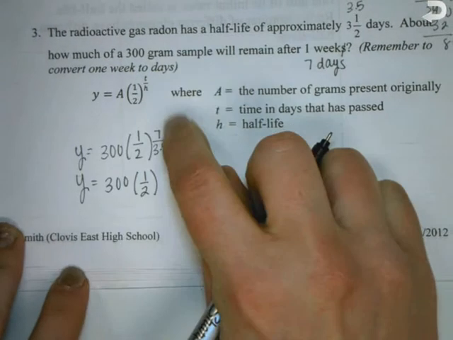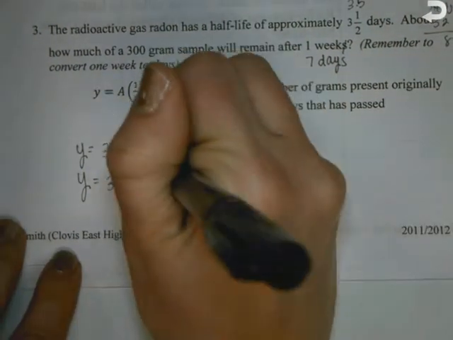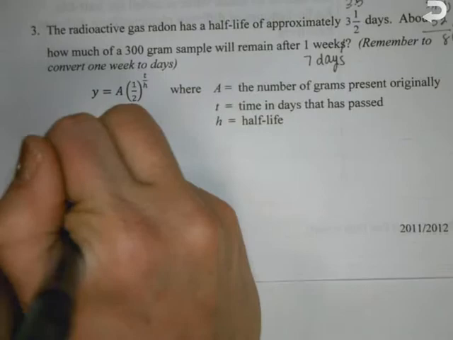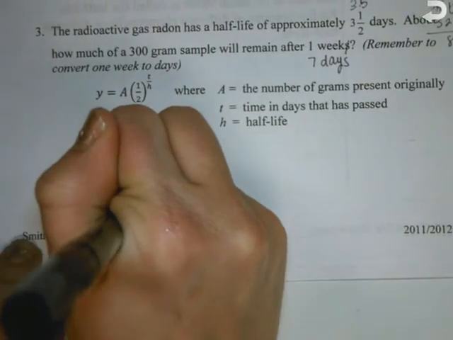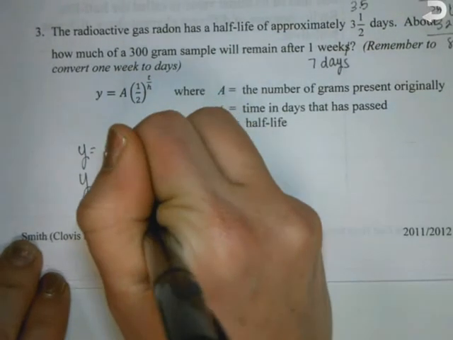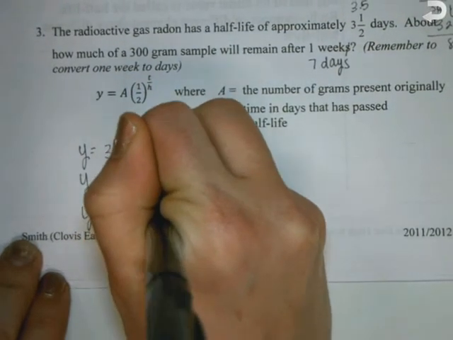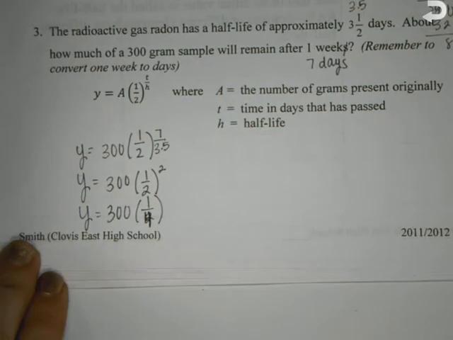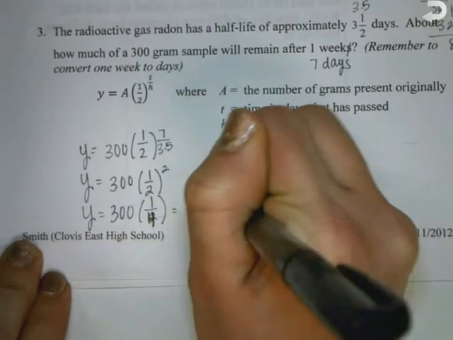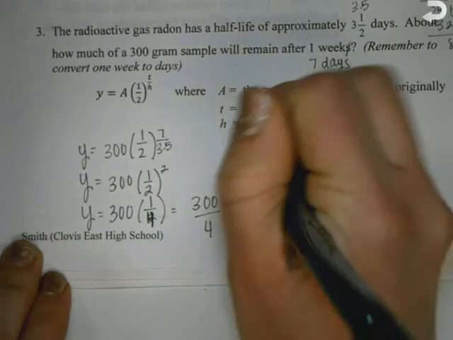So this is Y equals 300 times 1/2 to the 2. 1/2 squared is 1/4, right? So this is the same as 300 divided by 4, which, Louis, what did you get? 75. 75 what? 75 grams. You're welcome.